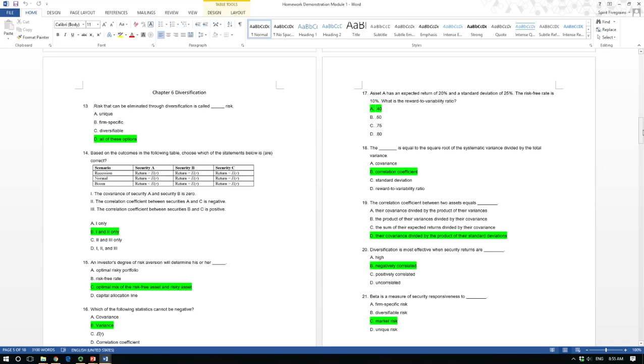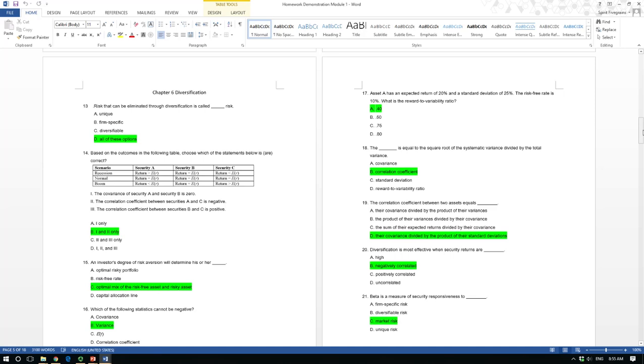For security B, the return is always the same, no matter what happens. And for security C, when recession comes, it underperforms, and when the economy booms, security C outperforms. So security C is a typical company that you will see on the financial markets, a very typical pro-cyclical company.